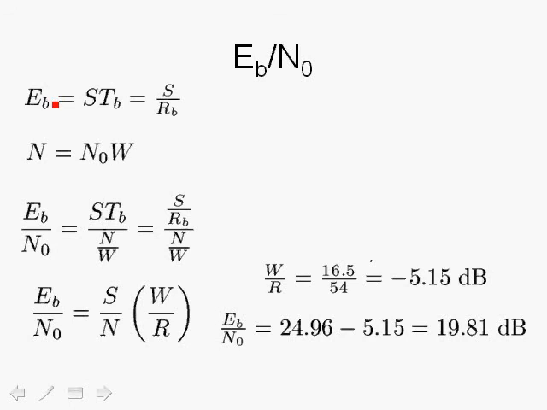So if we take the ratio between Eb and N0, we can express Eb as S, the signal power, times T_B, divided by N0, which is equal to N over W. We replace T_B with 1 over R_B, and we get the following expression for Eb/N0, which is equal to the signal-to-noise ratio times the bandwidth divided by the bit rate, R. So this is a very important relationship which relates the signal-to-noise ratio, bandwidth and bit rate to Eb/N0.